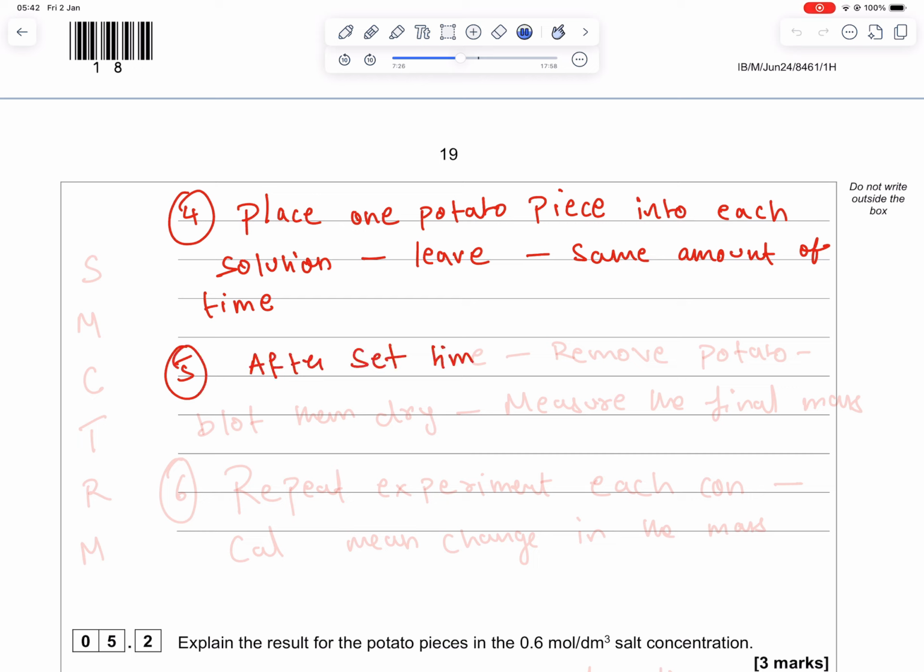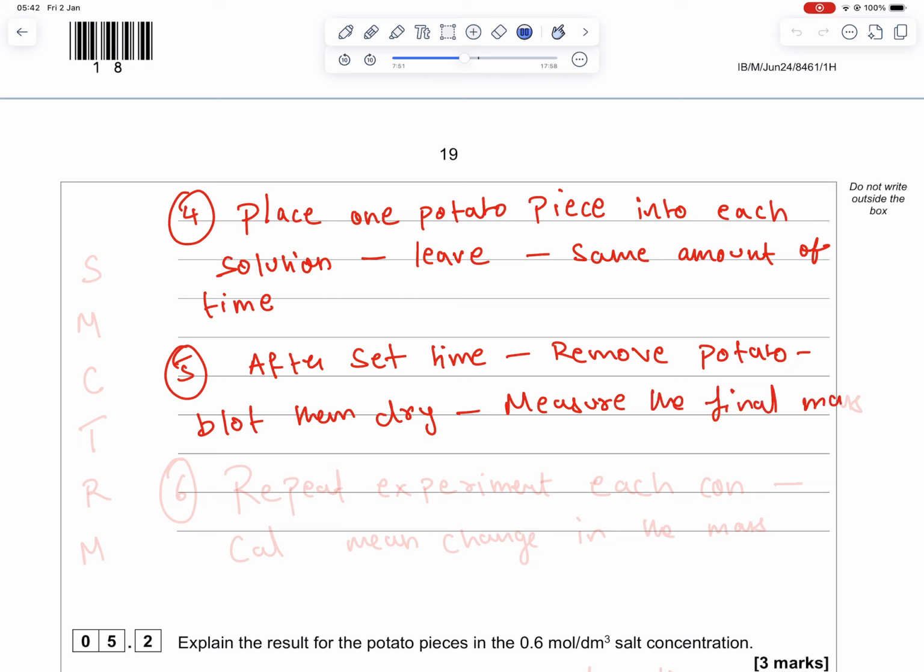You're removing them, and then you're going to gently blot them dry. You have to remove the excess solution. You're going to blot them so they can dry off. And then you're going to measure the final mass.